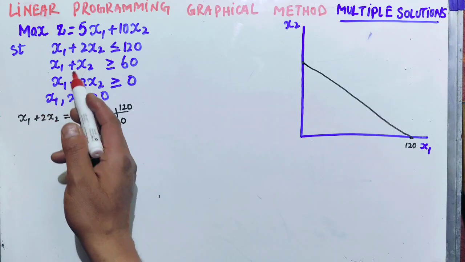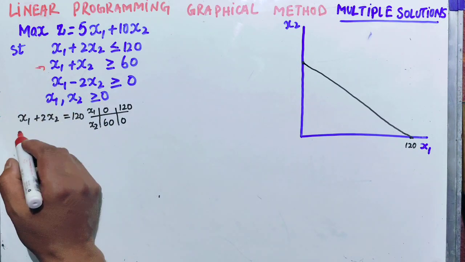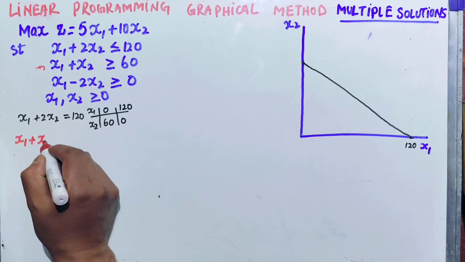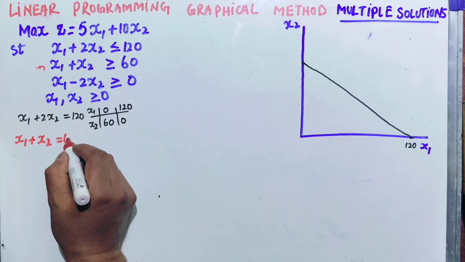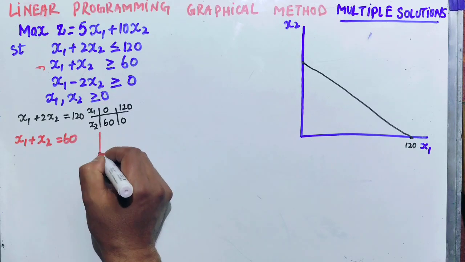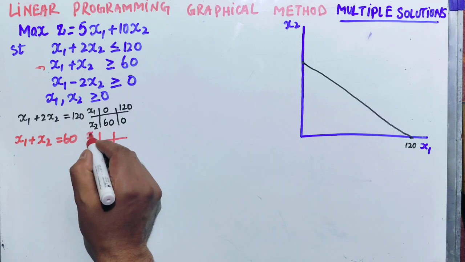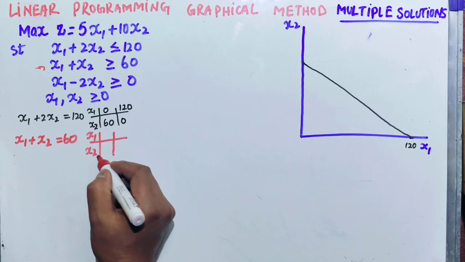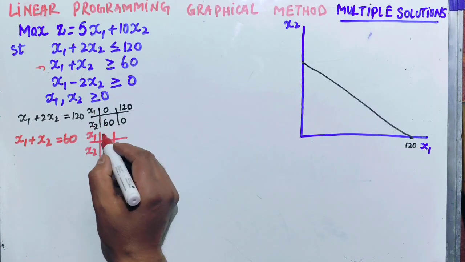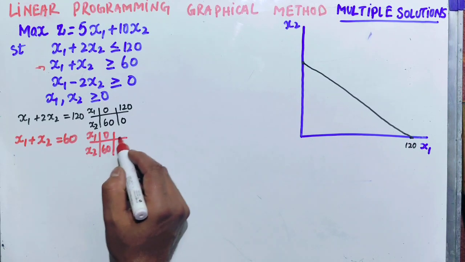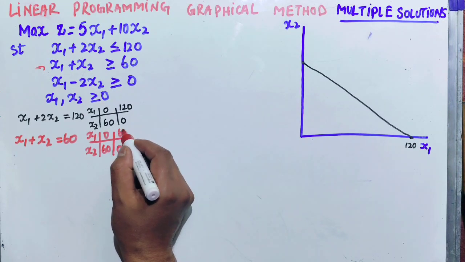Next thing is we take the second constraint and set it equal to 60, that is x1 plus x2 is equal to 60, and we draw the points, that is we have x1, x2. So when x1 is equal to 0, in this equation x2 will be equal to 60, and when x2 is equal to 0, x1 will be 60.